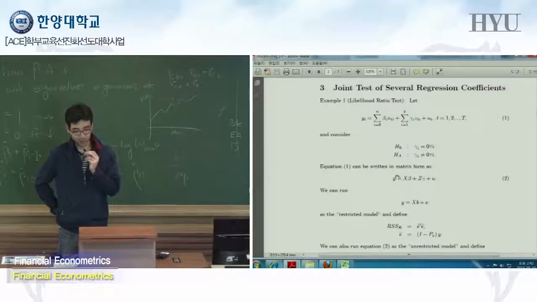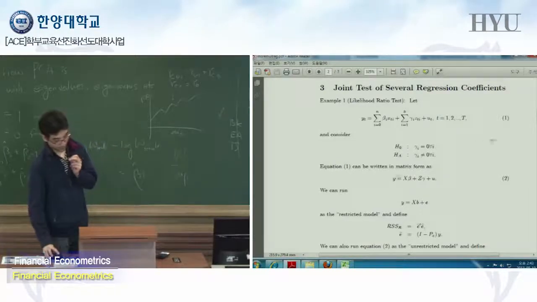Now y is a vector whose length is T. X is a matrix whose number of rows is T and number of columns is n. Z is a matrix whose number of rows is T and number of columns is k, and u is a vector whose length is T. Okay, you know this.